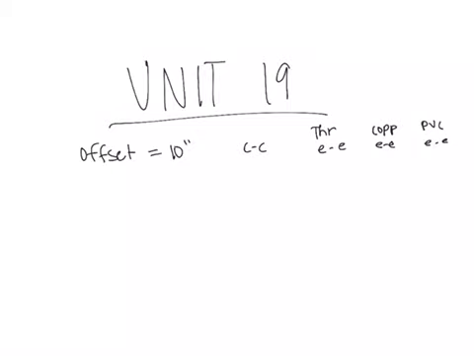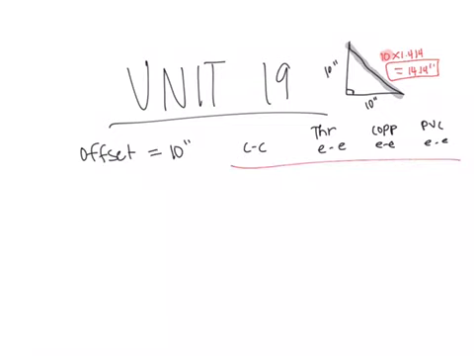Our offset is 10 inches. If I draw a picture of it, my offset is 10 inches, which means my run is 10 inches. To find this measurement right here, I would do 10 multiplied by 1.414, which is going to give me 14.14 inches. So my center to center was 14.14 inches.